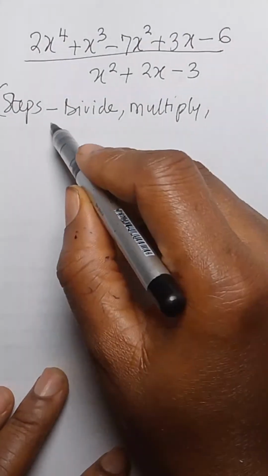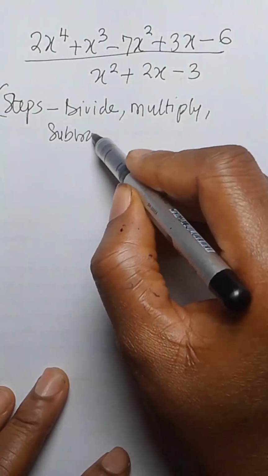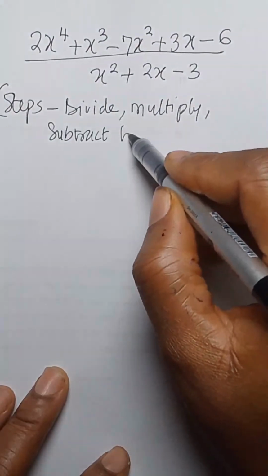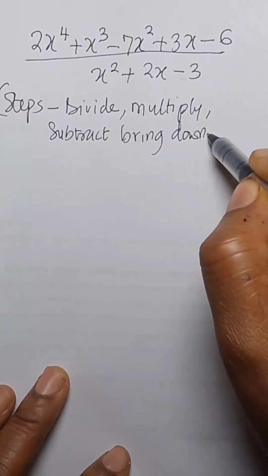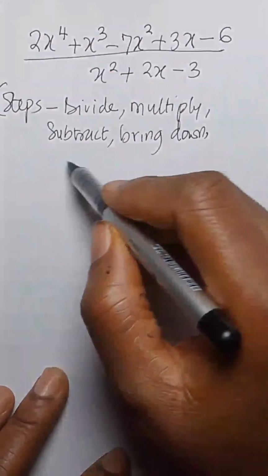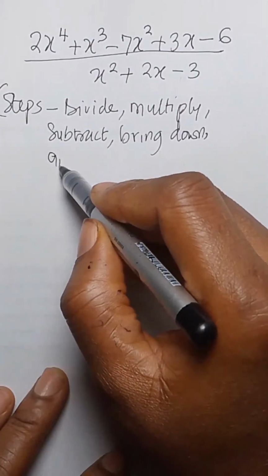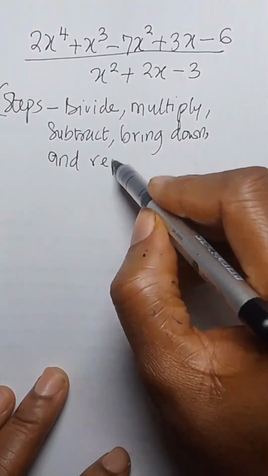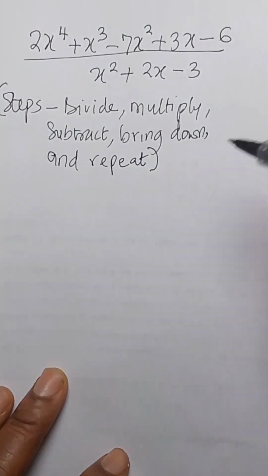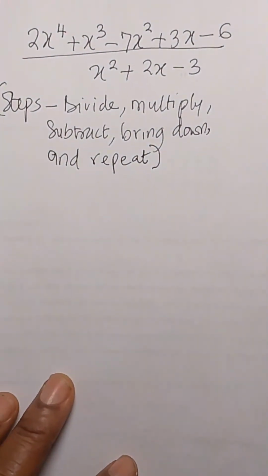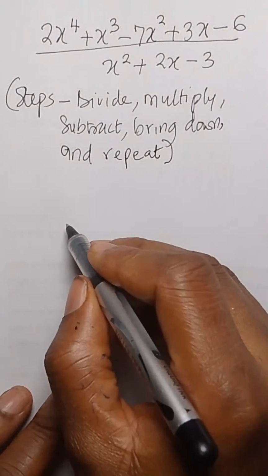Then subtract. Bring down. Bring down and repeat. So these are the 5 steps you have to keep doing until you get to the final solution. Okay? So this is what you are going to do.